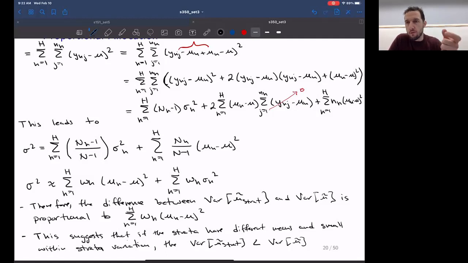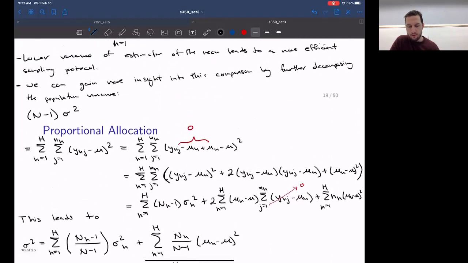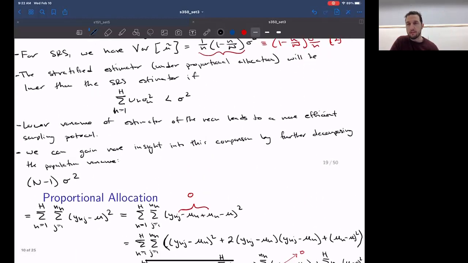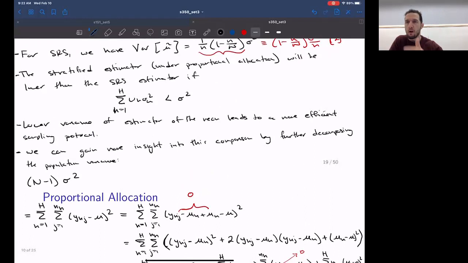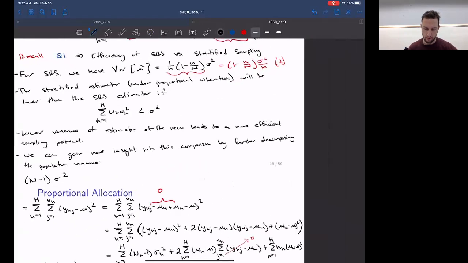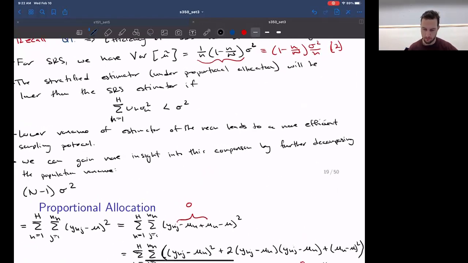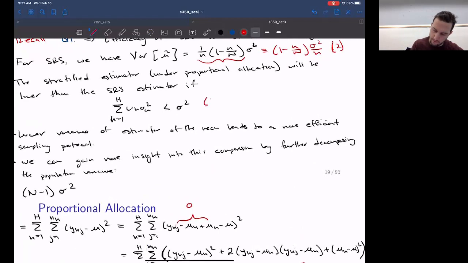So we showed directly that the variance of the stratified estimator will be smaller than the variance of the SRS estimator when the weighted sum of the variances across the strata is less than the overall variance. So that's the first result, which is shown here. But then we just took it a step further and we said, okay, this is helpful.